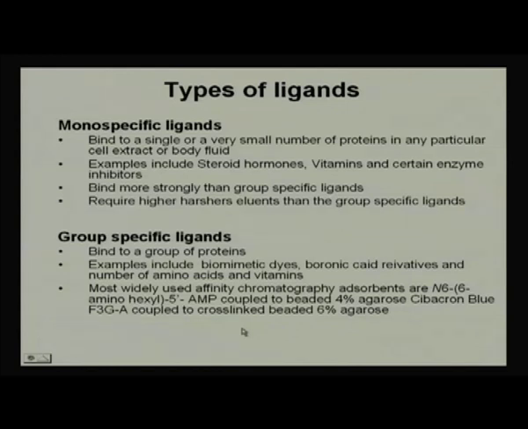So, some of these group specific ligands are Persian red, Sevacron blue, etc. Those are the dye binding ligands, and they have a very wide specificity for a particular group of molecules, and based on that affinity, they can separate the particular biomolecules.